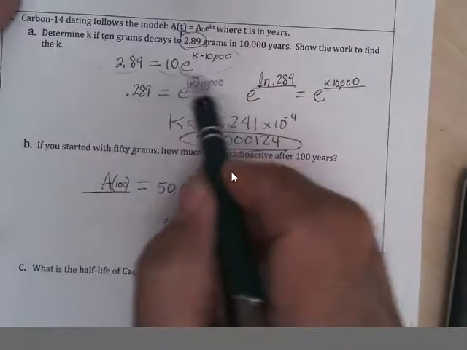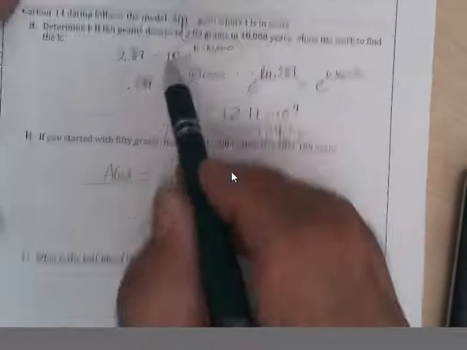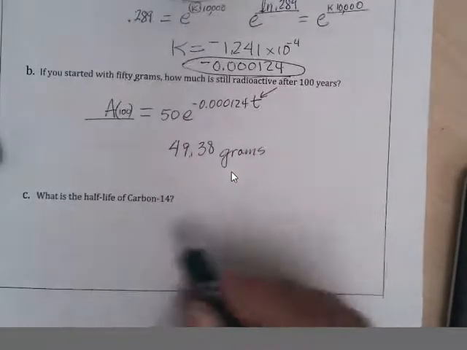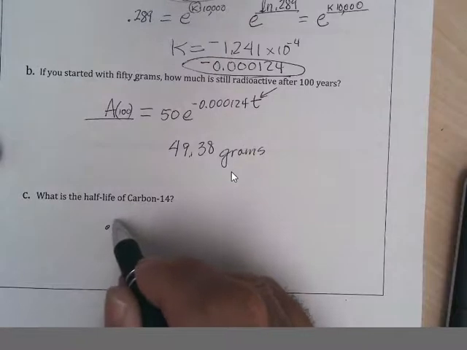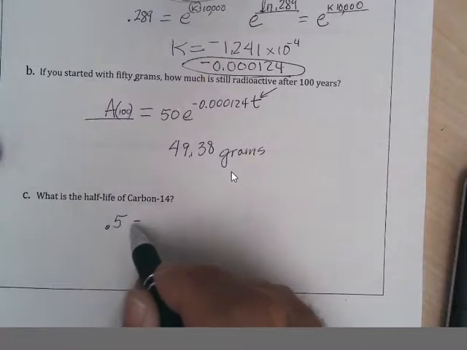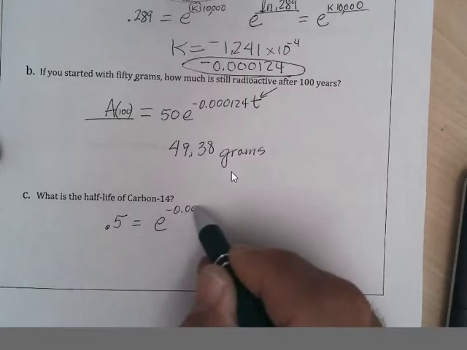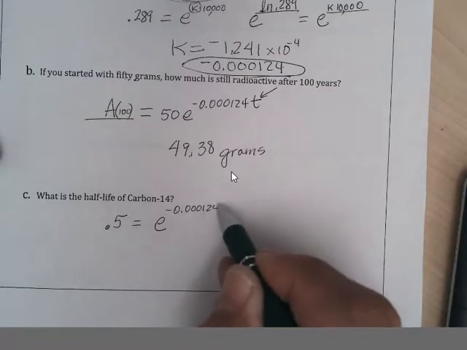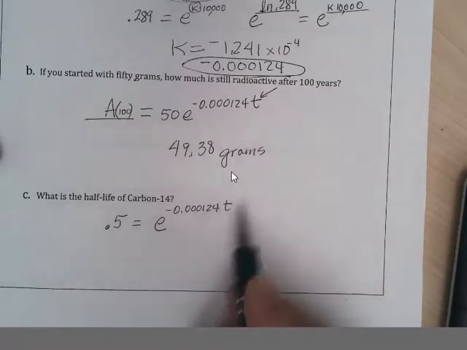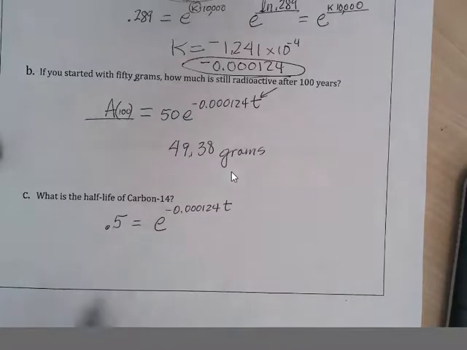So if it's going to half as much, this part would have to be equal to a half. So we're trying to figure out when e to the negative 0.000124 times t equals a half.